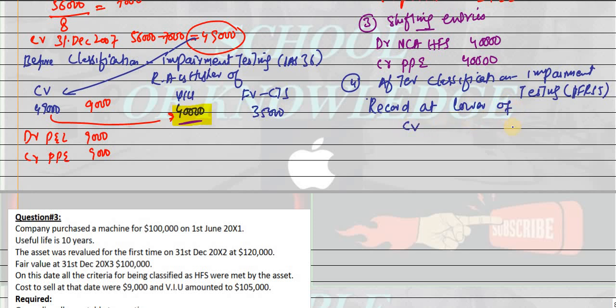The first one is carrying value and the second one is fair value less cost to sell. We are not using value in use here. That is part of the recoverable amount. We are not using value in use because the asset is not for using.